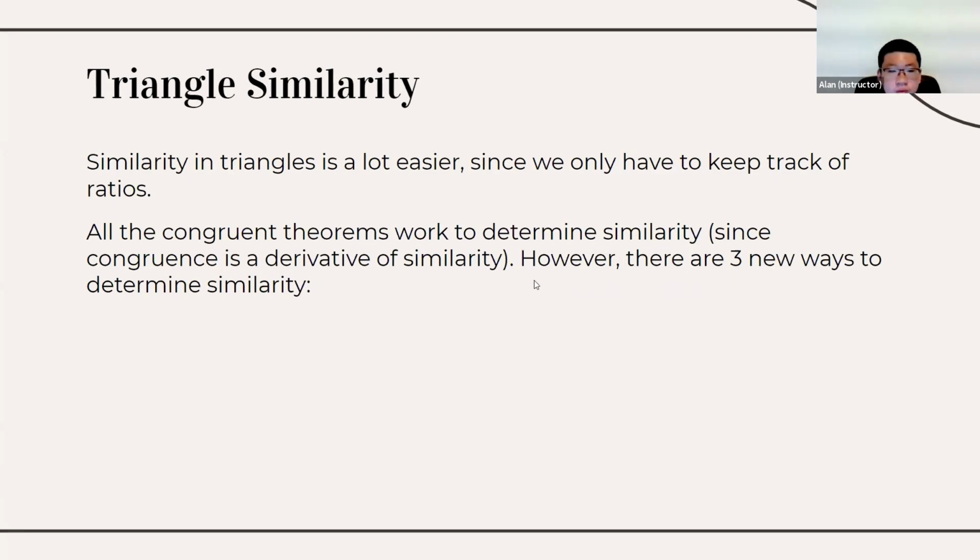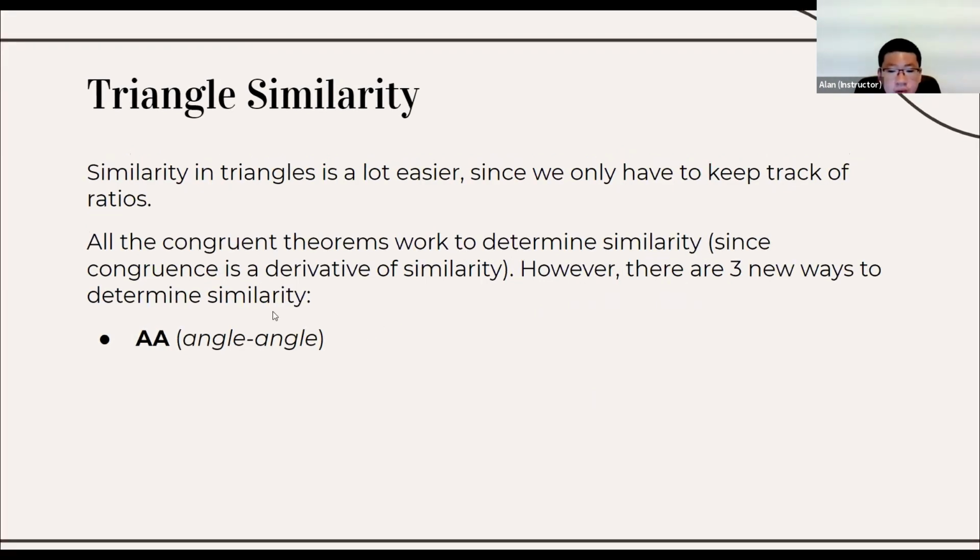And there's also three new ways. So if you just have angle-angle, then you can determine the third angle, and if you have the three angles, you know the shape of the triangle. The shape of the triangle is determined by the angles, and then it's just a matter of scaling it up or down. But it's similarity and not congruence, so that's allowed.